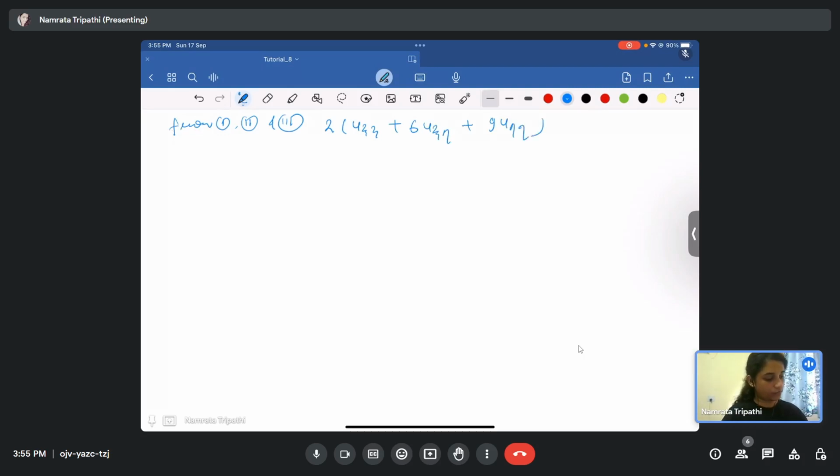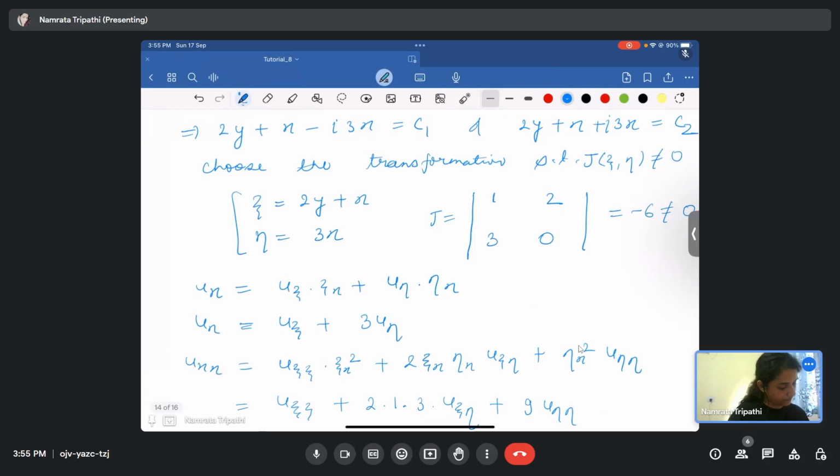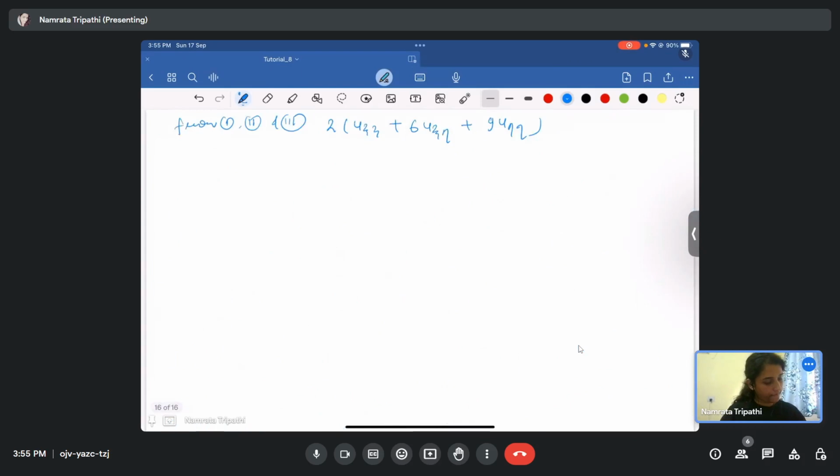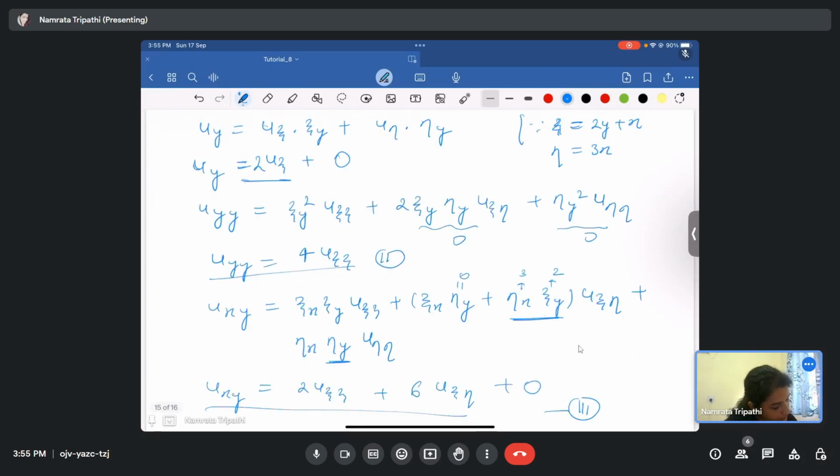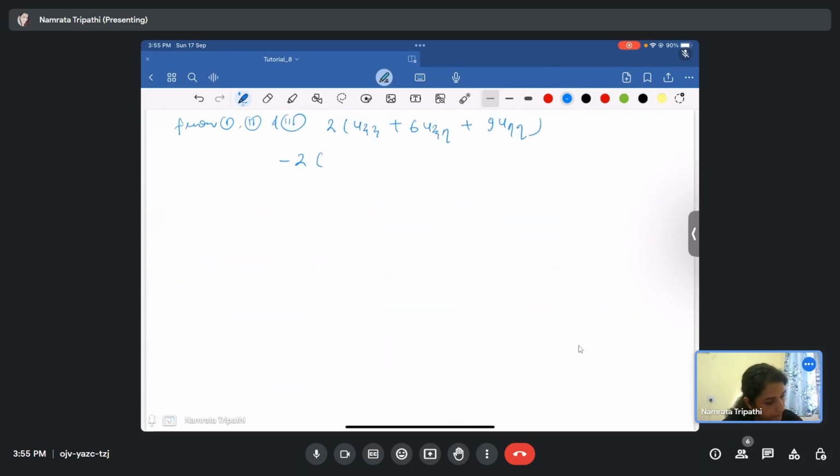This is the value of uxx. You can see. Fine. And 2 uxy. What is the value of uxy? From equation 3rd you can put, and from equation 2nd you can put the value of uyy.